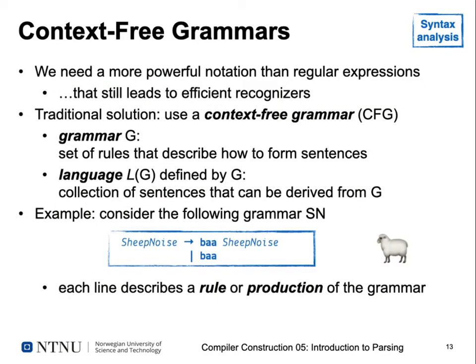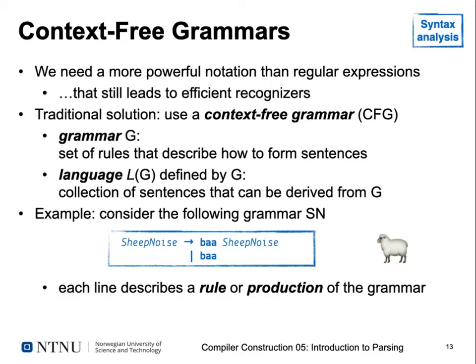For this something better, we first try to derive a notation that works better or is more powerful than our regular expression. And this is a context-free grammar. Of course, we still want to have expressions that lead to efficient recognizers, so it should be compact, it should be easy to work on for a computer. This traditional solution of using a context-free grammar, or just CFG, uses two terms.